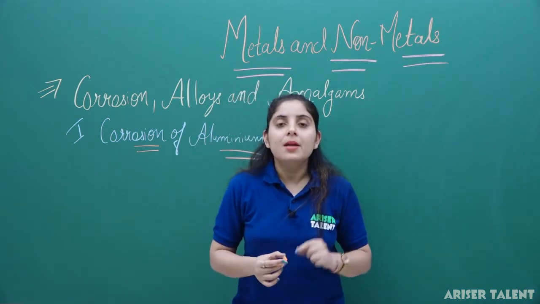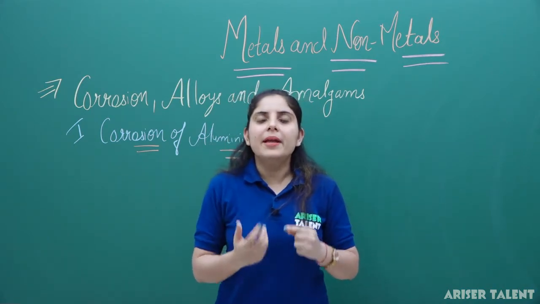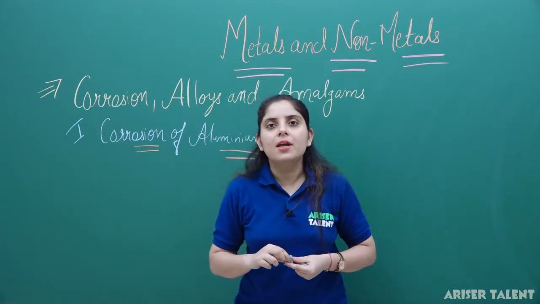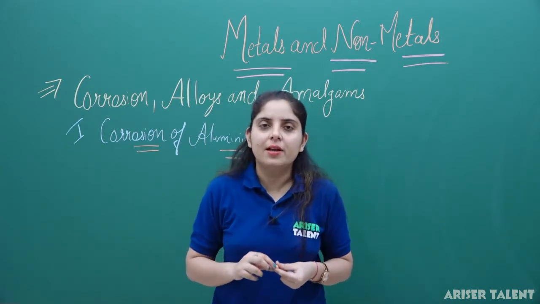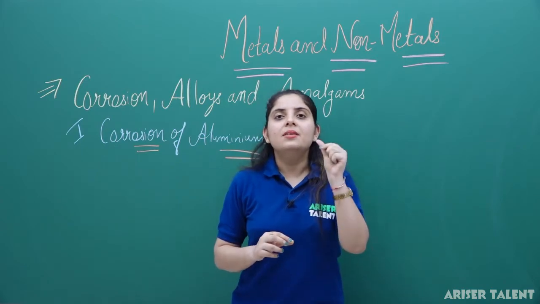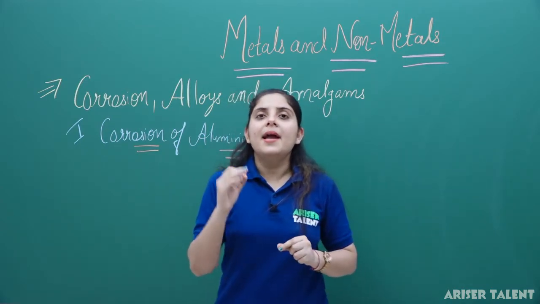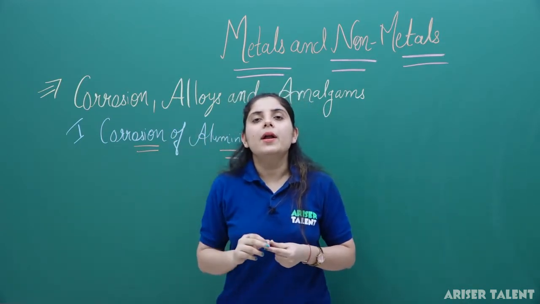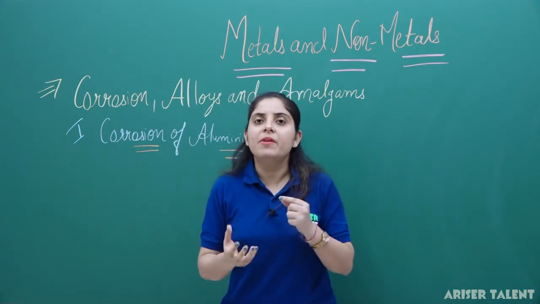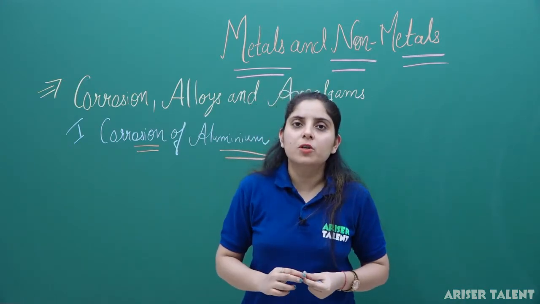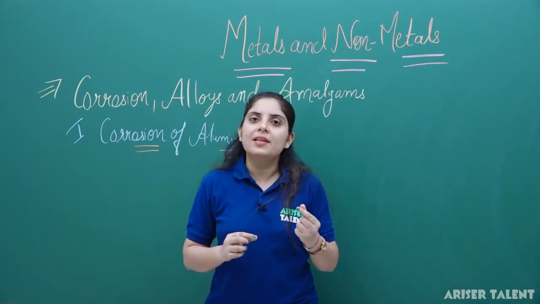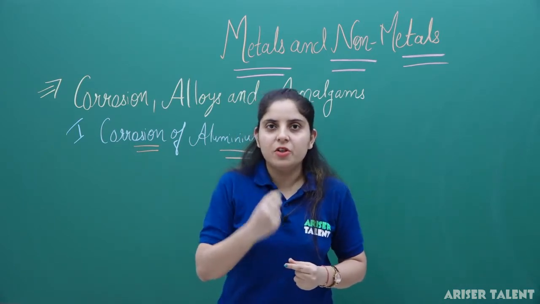This makes the aluminium lose its luster and turn grayish in color. But this coating is so hard that it prevents further air from entering and protects the metal from further corrosion. So in a way, we can say that corrosion is also a beneficial process.